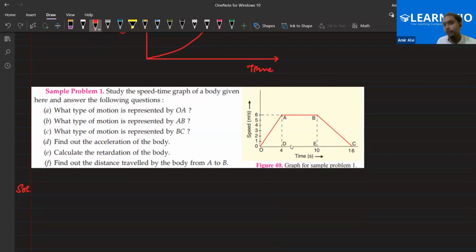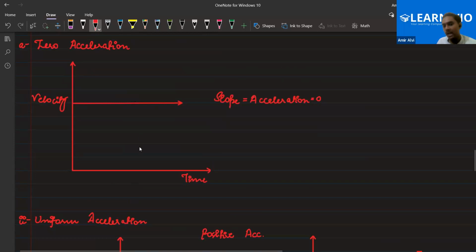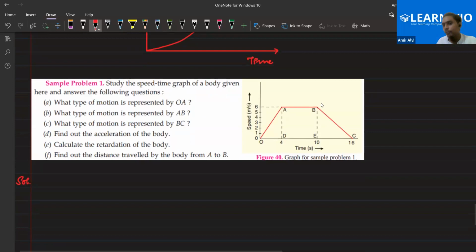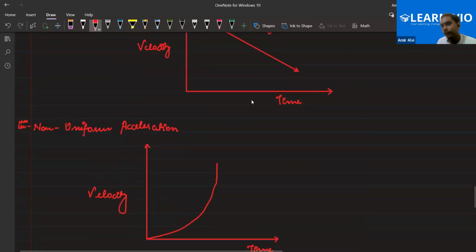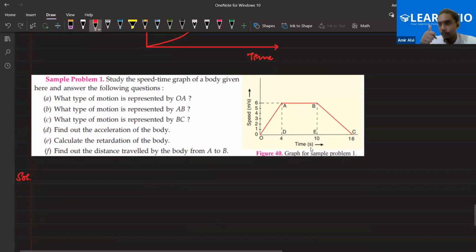It means that the acceleration is zero, like I've told you: parallel to the x-axis, the acceleration is zero. And from point B to C, the graph is going downward. It means this is negative acceleration. So three parts are given in this graph: positive acceleration, zero acceleration, and negative acceleration. We have to find out the answers.